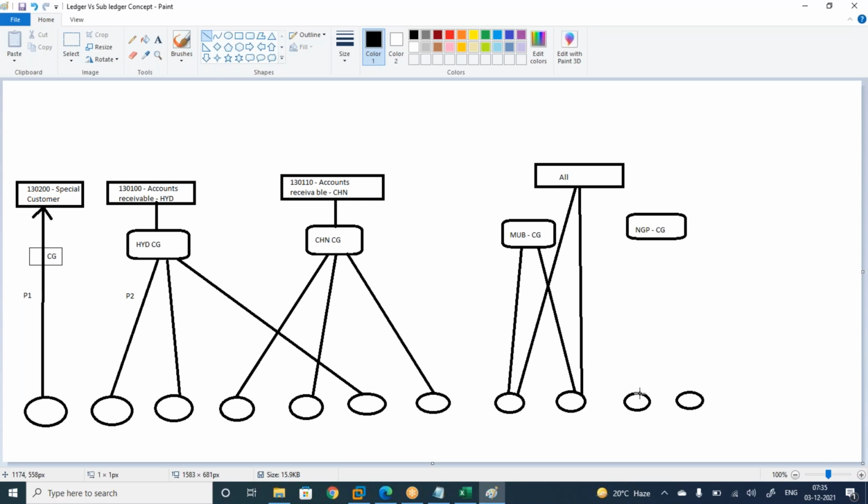For these two customer groups, the customer is linked to the customer group, but there is no mapping in the customer posting profile. If it is not mapped to any customer group, automatically it will look for the all mapping. Understood?